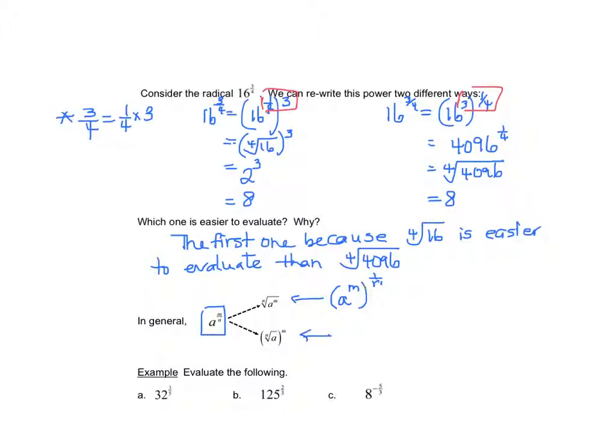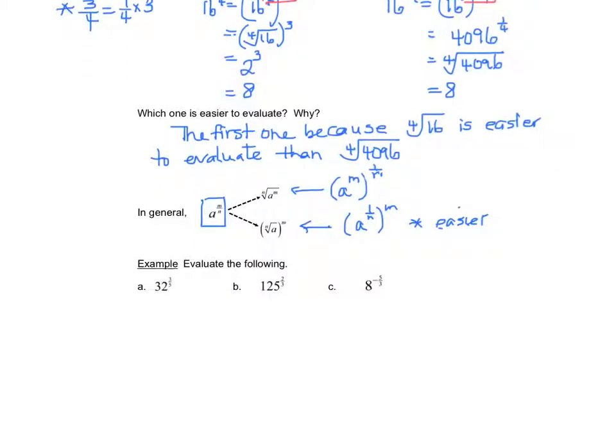The second way would be to take the root first and then raise to the exponent m. So we're saying this is the easier way. Now it's difficult to look at these formulas with the letters, I think. That's very confusing. So let's do a few examples here just to make sure you've got it.